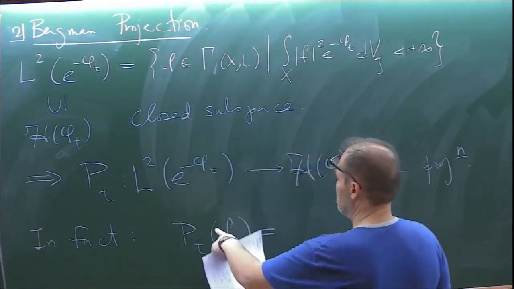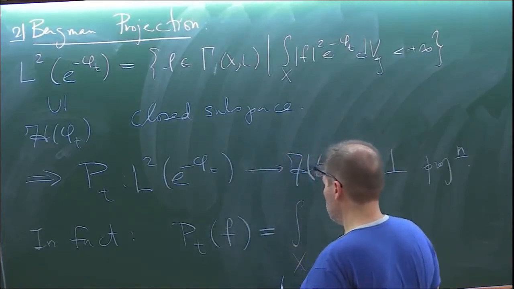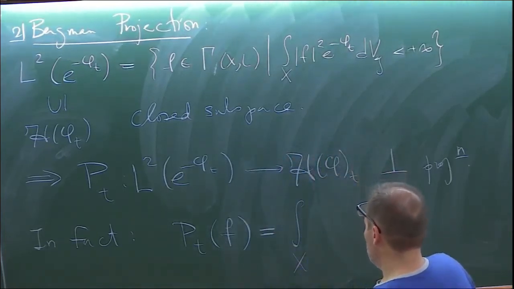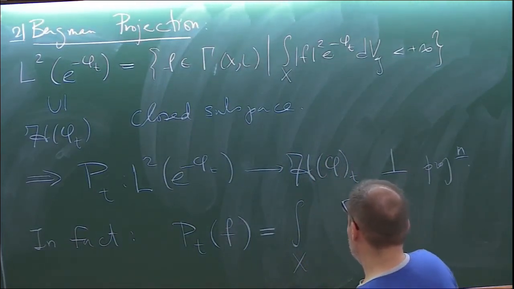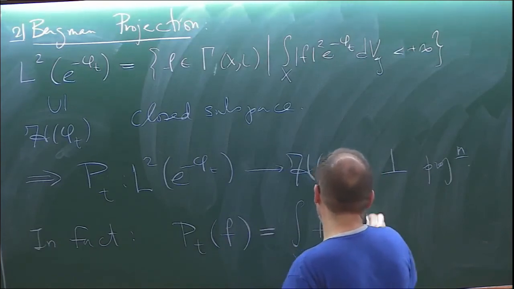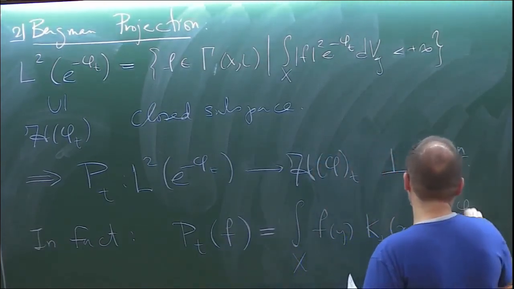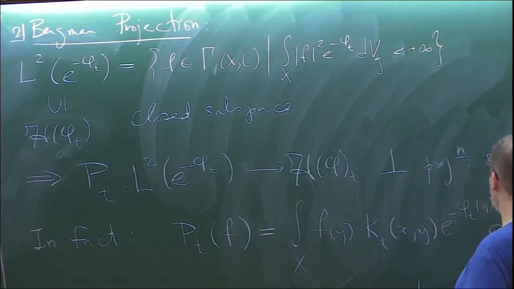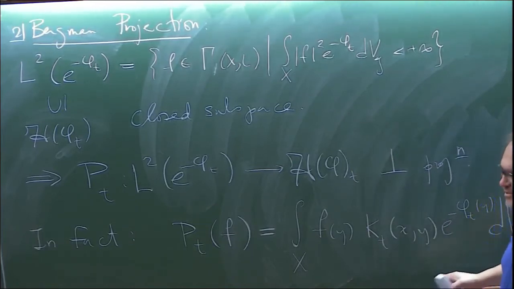So P_t of such an f, I claim will be the integral over X of f of y, k_t of x y, e to the minus phi t of y, dv sub g of y. So it's given by this Bergman kernel, hence the name Bergman kernel, or Bergman projection. Depends which one you want to take first.